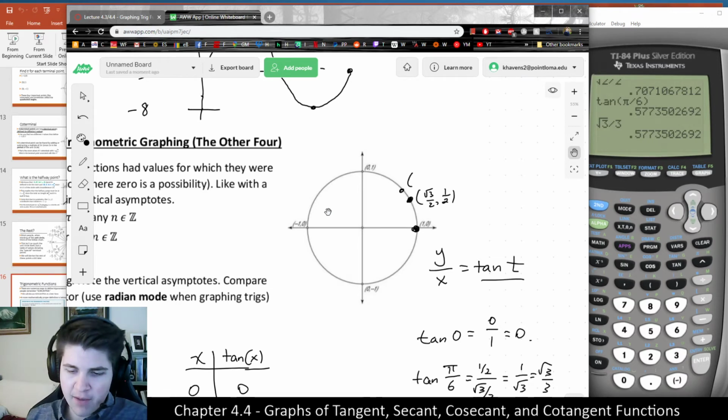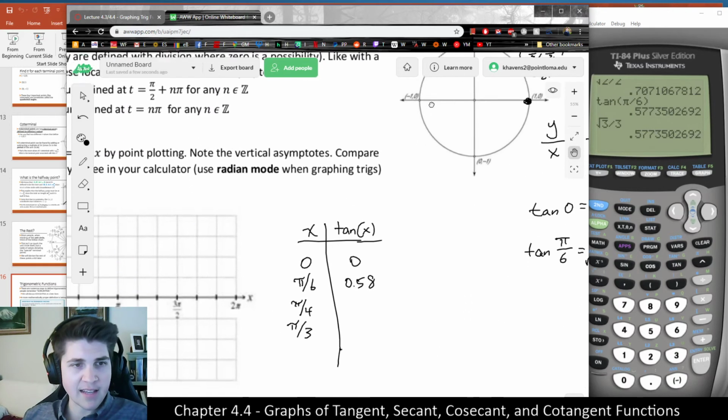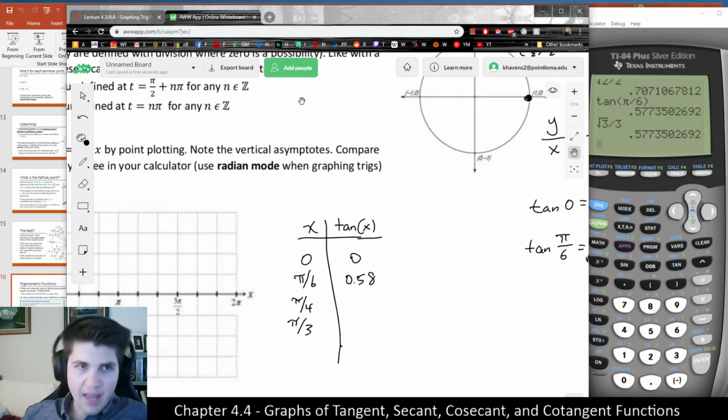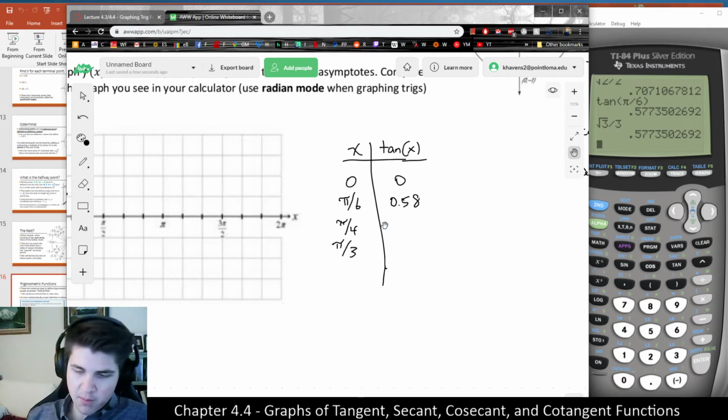And if you recall, pi over 4 was the location right in the middle where both x and y were root 2 over 2. So the tangent is going to be that ratio, root 2 over 2 divided by root 2 over 2. Since it's the same thing, it's going to make exactly 1. And this is another value, one of those special points that's kind of important to remember. Tangent of pi over 4 produces exactly 1.